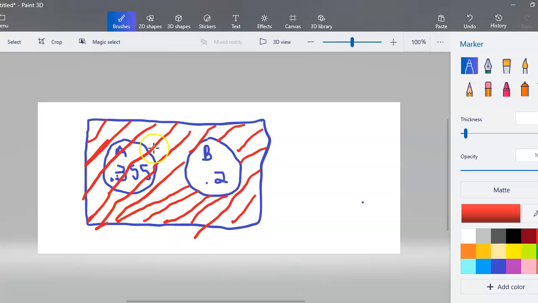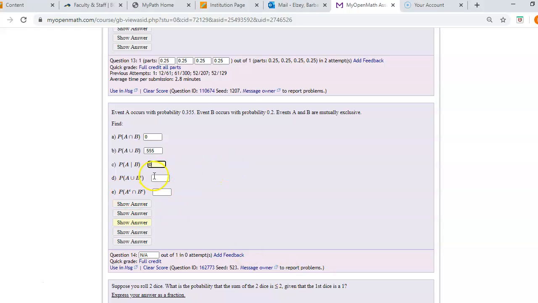Well, notice that A is actually part of B complement. So if we put them together, we're still going to get B complement. So that means that A union B complement is actually 0.8. It is the probability of B complement.